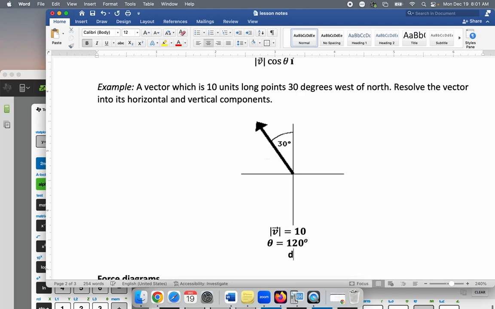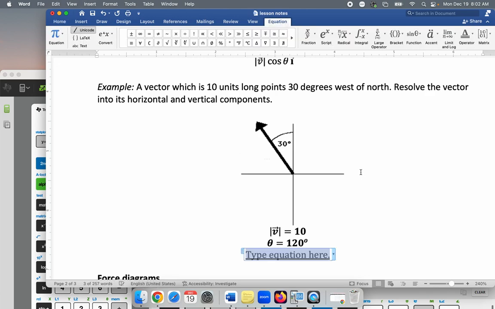So with that in mind, we can use the formula that we have to write v in terms of its horizontal and vertical components. So the vector v is going to be, here's the formula, again, the magnitude of v times the cosine of theta i plus the magnitude of v times the sine of theta j.